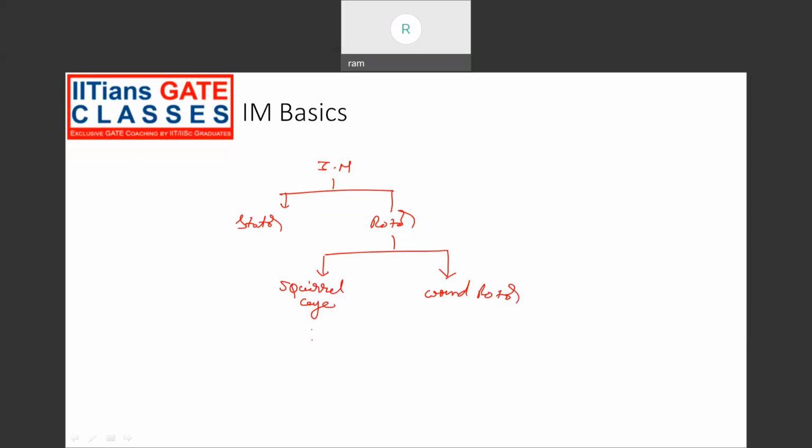So the corresponding machine is called a squirrel cage induction machine. This is called a slip ring or wound rotor induction machine. Based on the construction of a rotor, an induction machine is classified into two types, that is slip ring induction machine and squirrel cage induction machine.